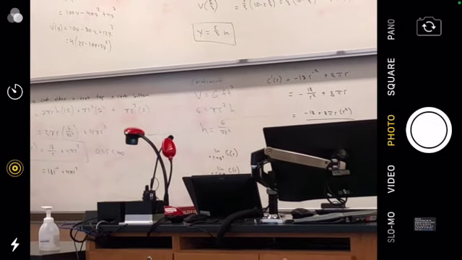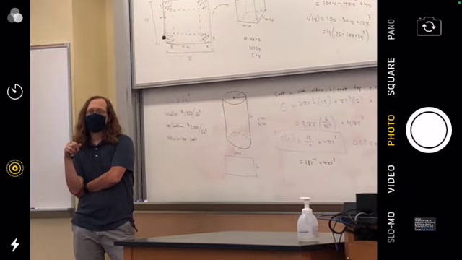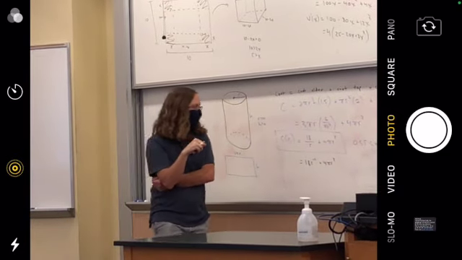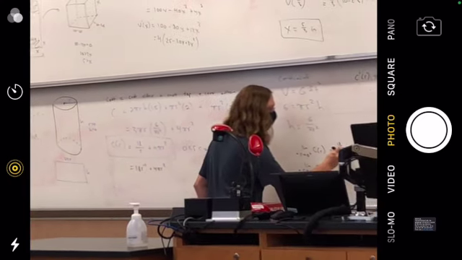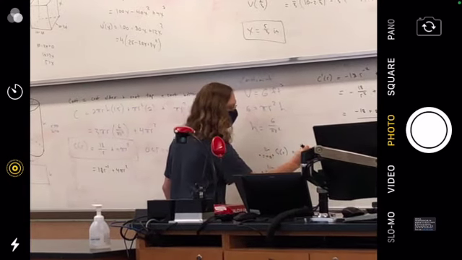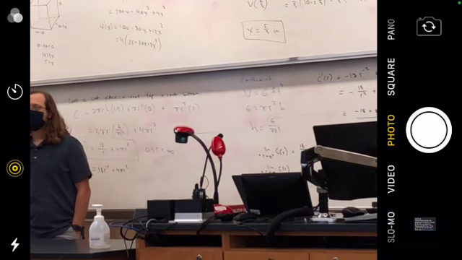So what happens when r goes to 0? 18 over 0 plus 0, which is what? Infinity.